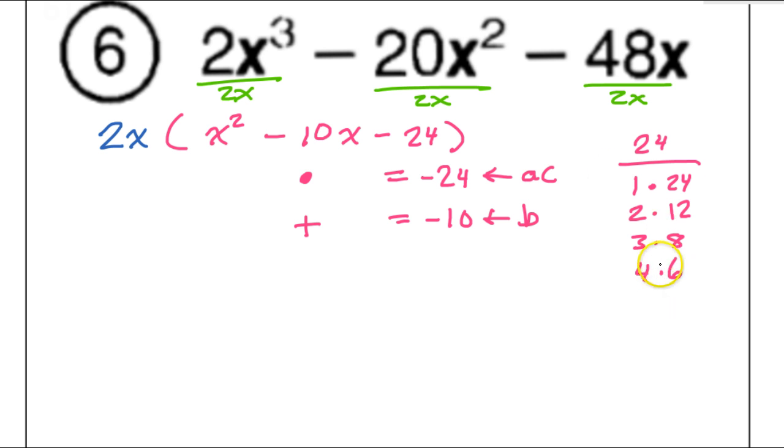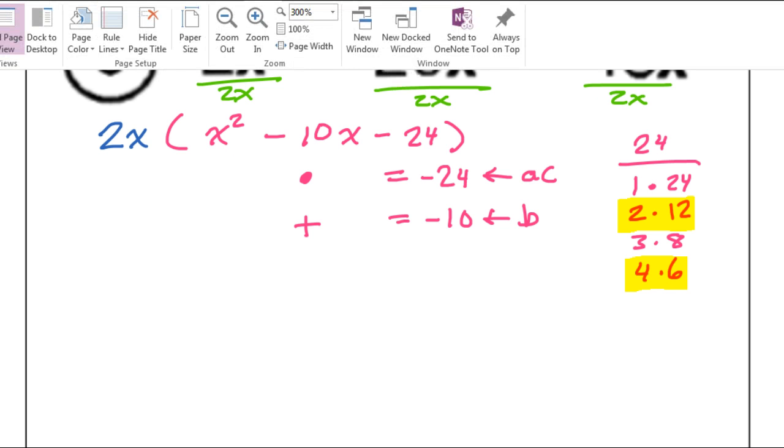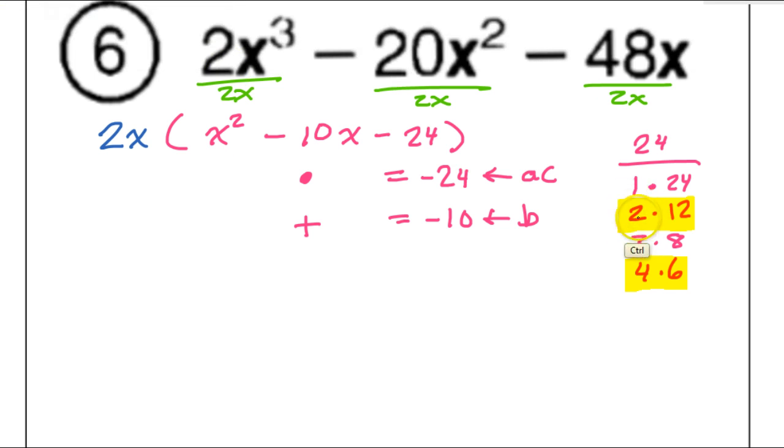And that's it. Now, which one of these pairs will give me -10 if I pick the signs right? Well, I actually see 2 of them that would work. Okay, this pair can give me -10 if I pick the signs right, but so can this pair. So let's be very, very careful. So let's just try them both.